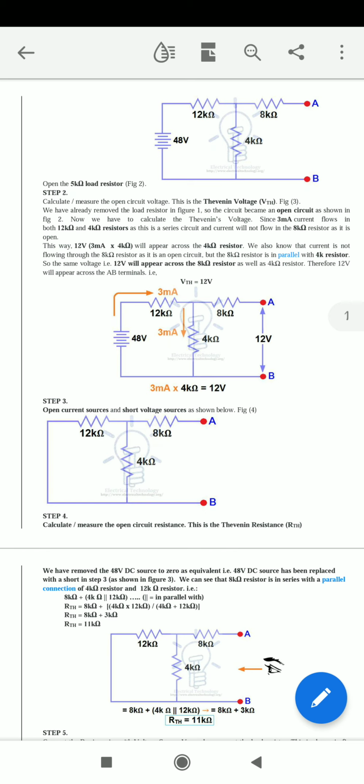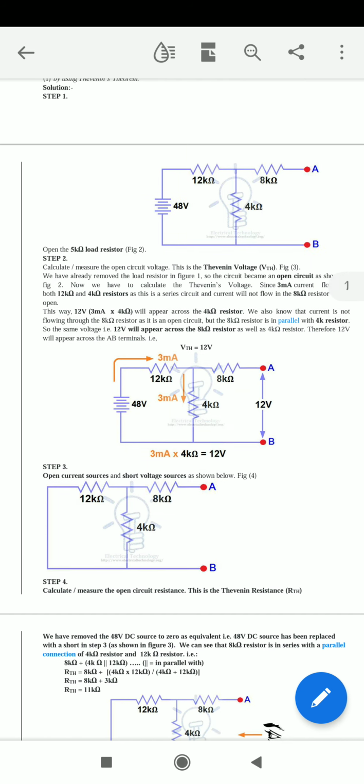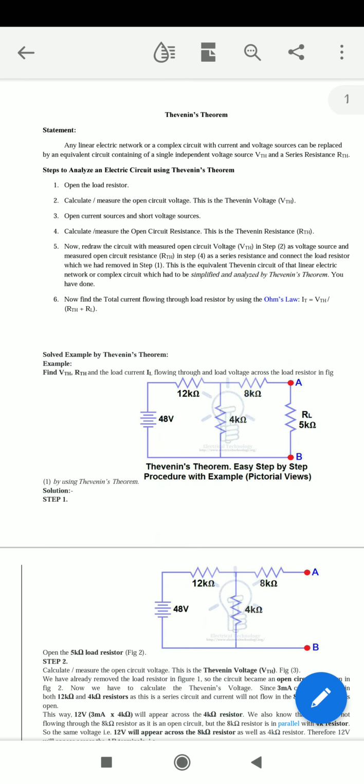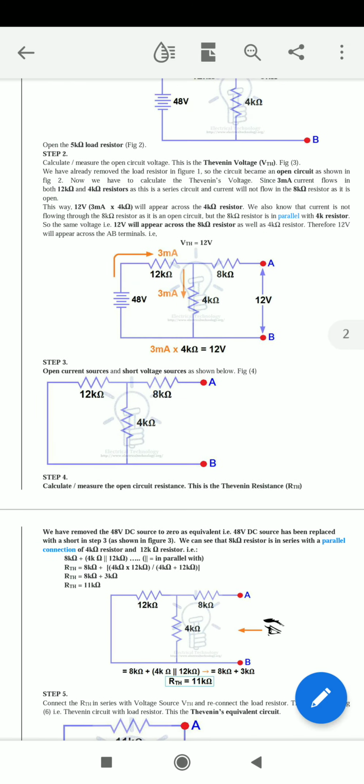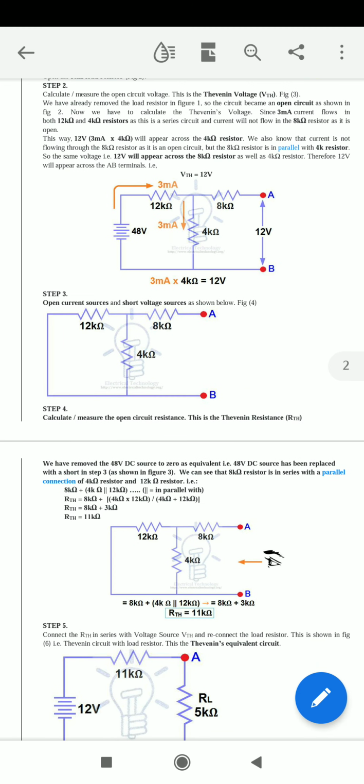Therefore 12 volts across the AB terminals. So the open circuit voltage we get, that is Thevenin voltage, is 12 volts.